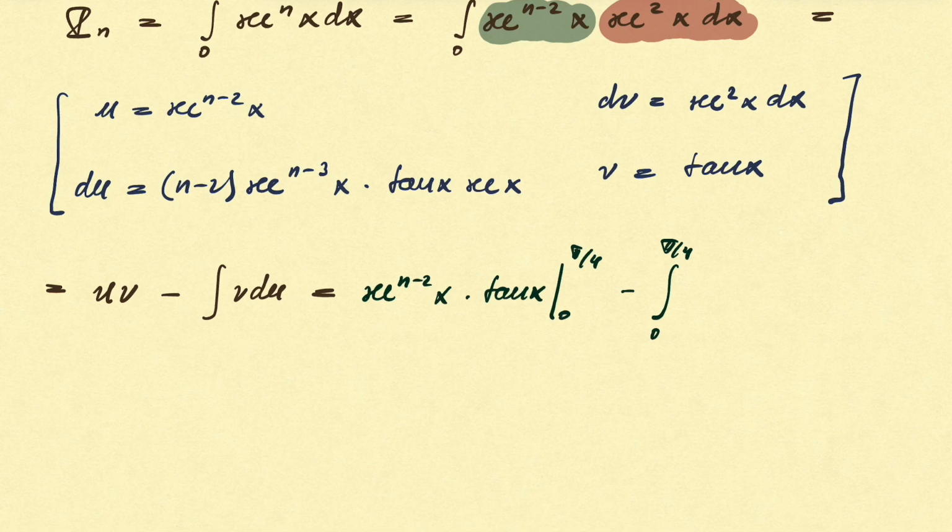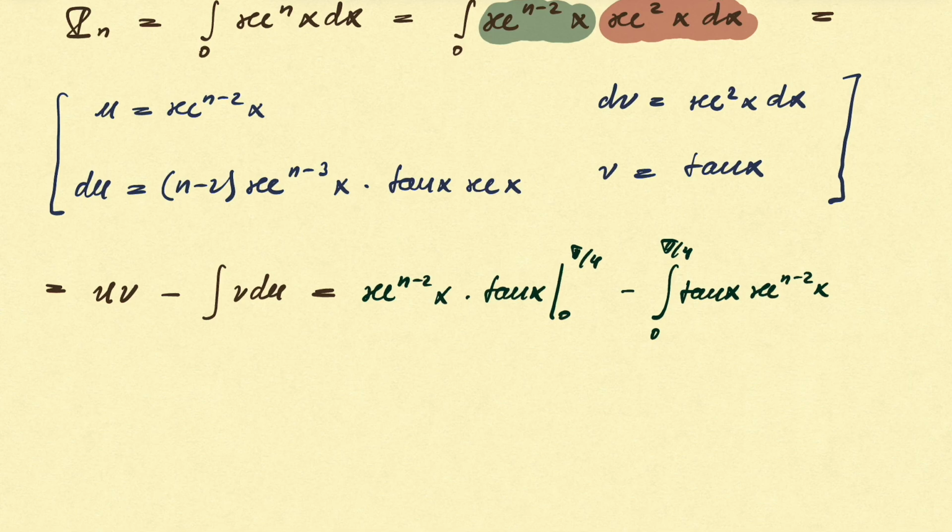Now v is tangent of x and du is, let's multiply this expression. We see that it's secant to the n minus 3, right? We multiply this by secant of x. We obtain secant to the n minus 2. So we have secant to the n minus 2 of x.